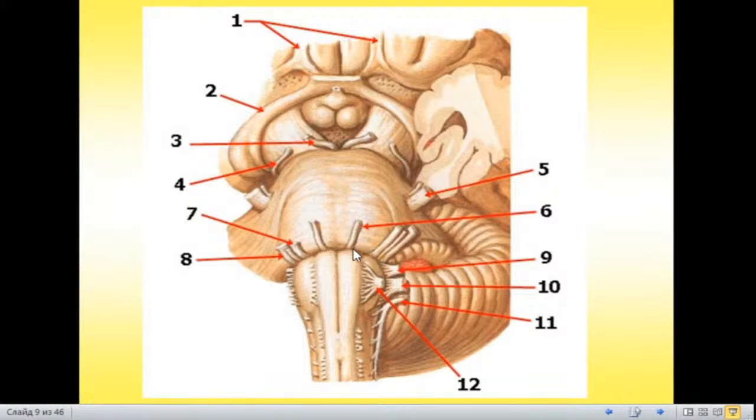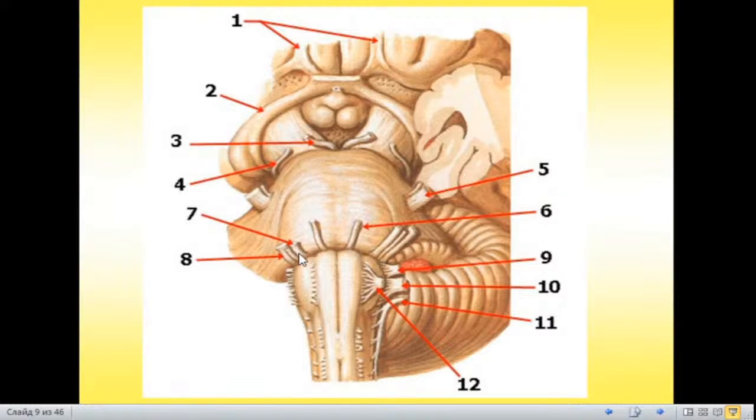The sixth cranial nerve, or abducens nerve, has its root exiting the brainstem between the posterior side of the pons and the pyramid of the medulla oblongata. This groove is known as the pontobulbar groove.